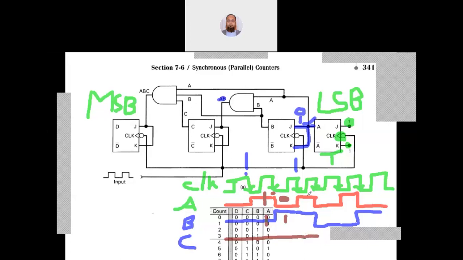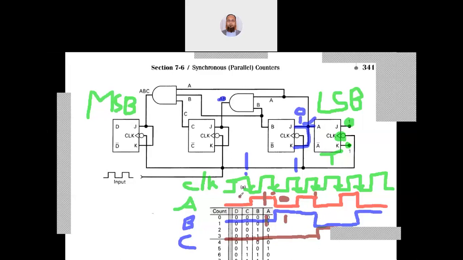Here you can see that A is 1, B is 1, and the clock comes. At this point C will change to the high state.